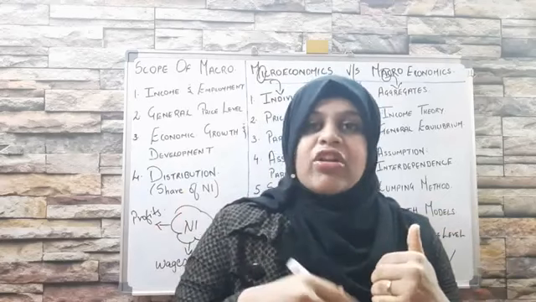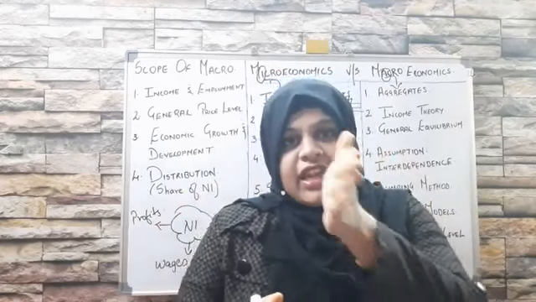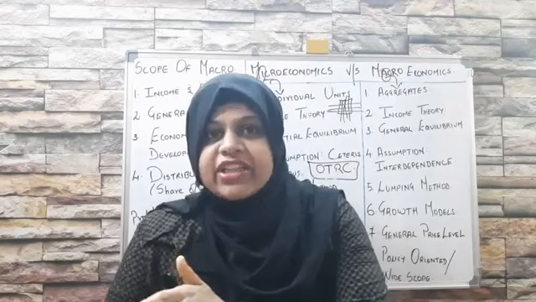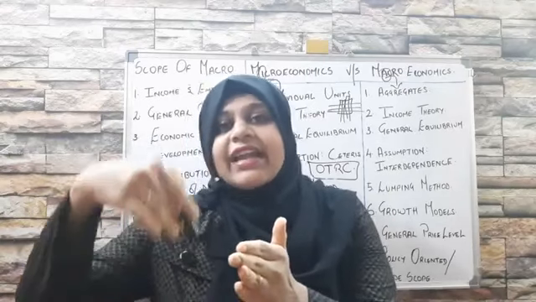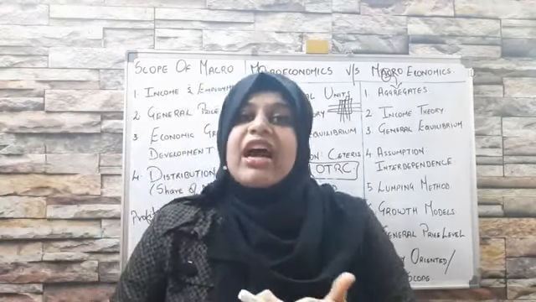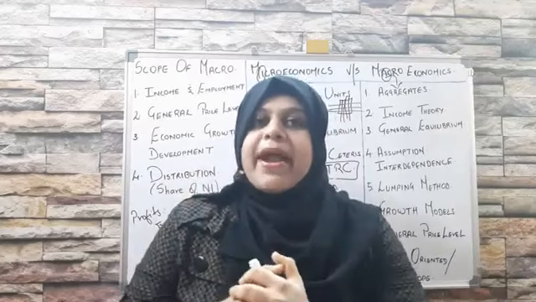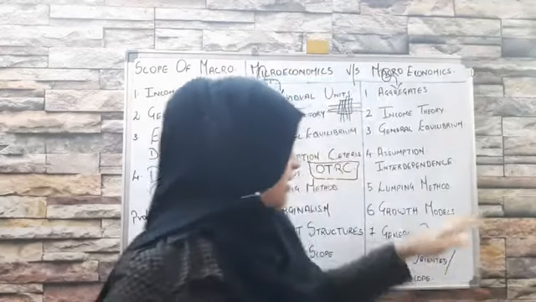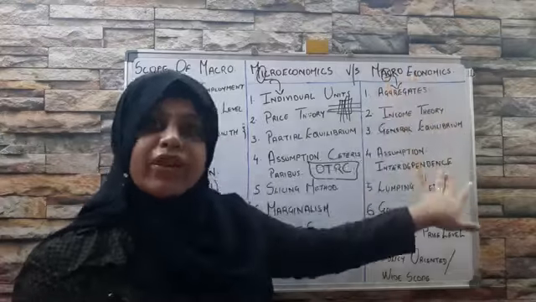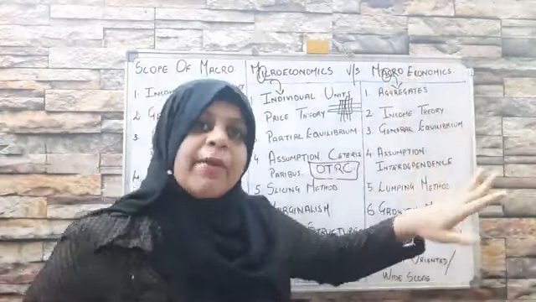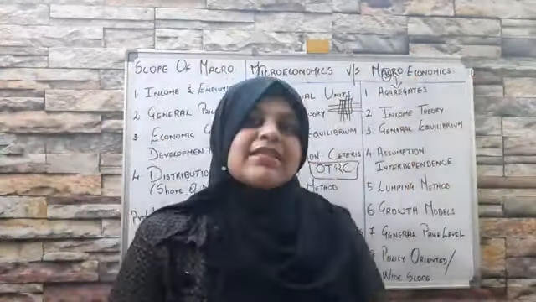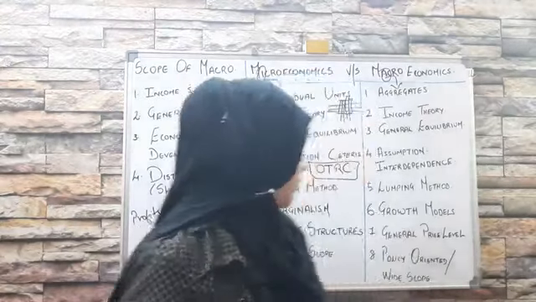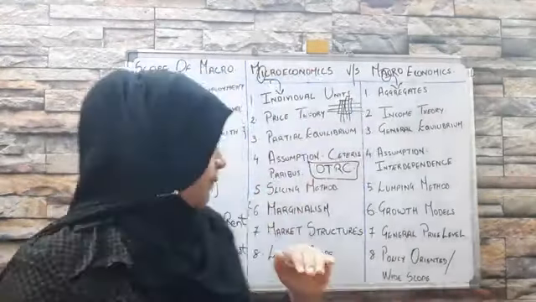Each thing will cause another thing. Everything is leading to a change which will affect the other thing, and that in turn will affect another thing. So everything is dependent on each other. This is the assumption of macroeconomics. Why this assumption? Because the entire economy is studied as a whole. Alright, I hope you're following it.